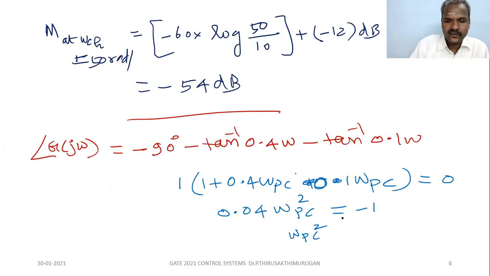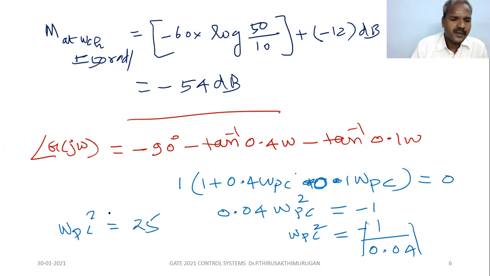So omega PC square equals 25, taking the magnitude alone. So omega PC becomes 5 radian per second.